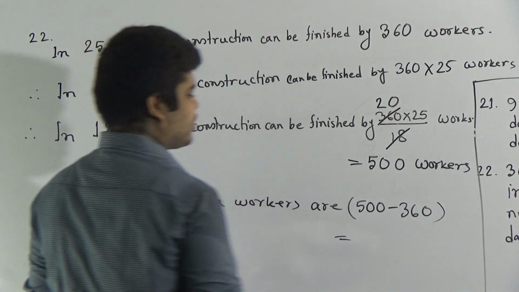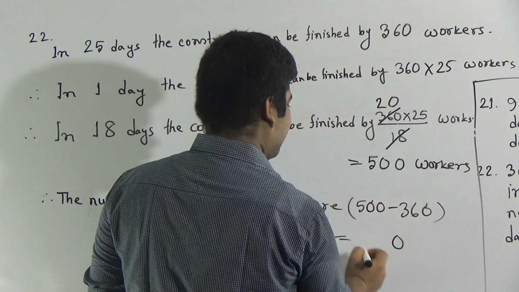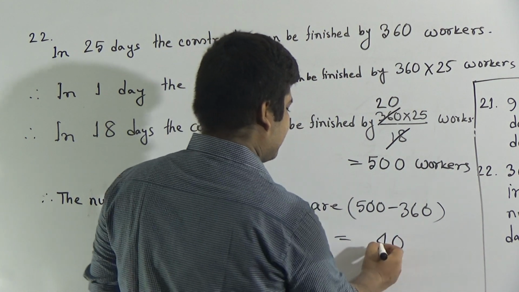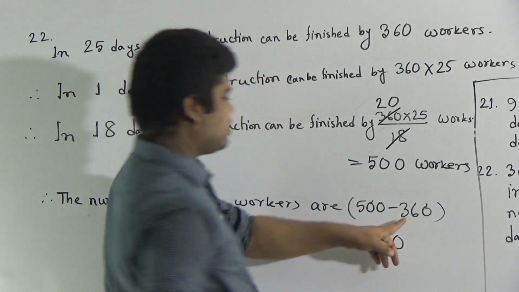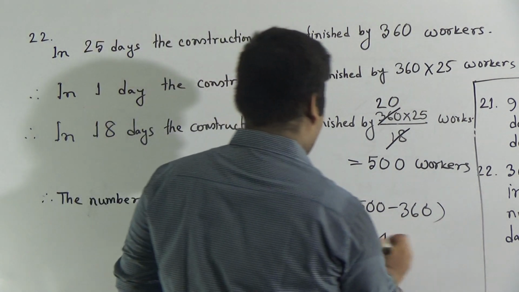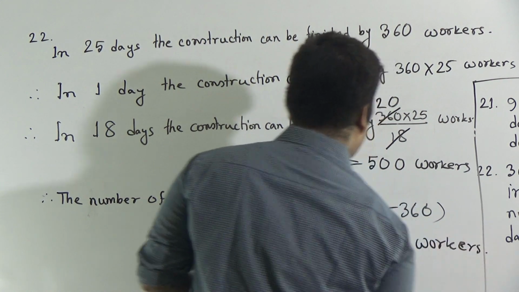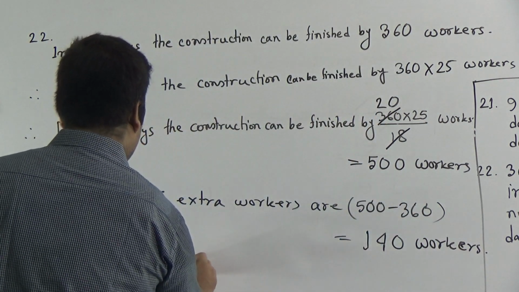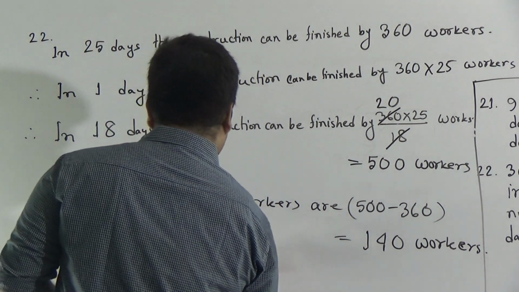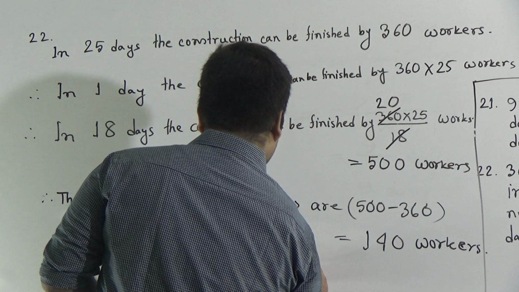We do subtraction. 0 minus 0 is 0, 0 minus 6, 10 minus 6 it will be 4, carrying 1. This 1 is added with this 3 and it will be 4, 5 minus 4 is 1. That means 140 workers, and it is the required answer. After completing your solution, you must write the answer.